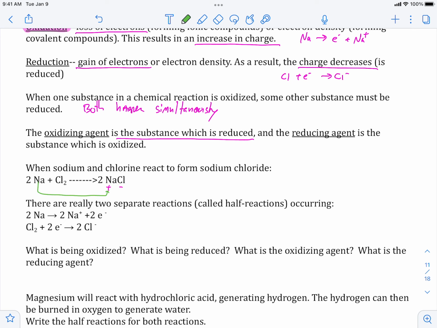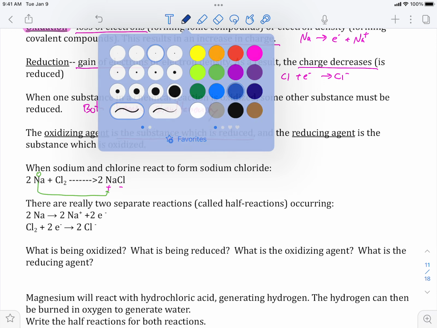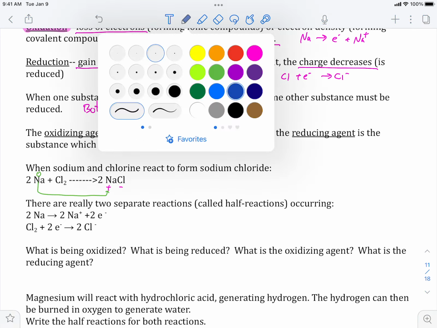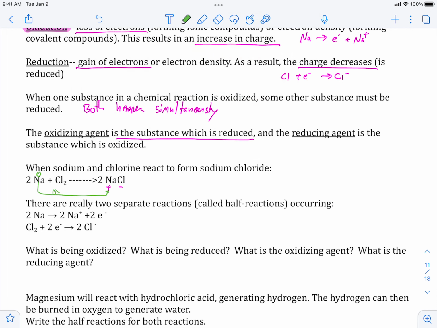That means the charge is zero. So what happened to sodium's charge from beginning to end? It went up. Therefore, sodium was oxidized.